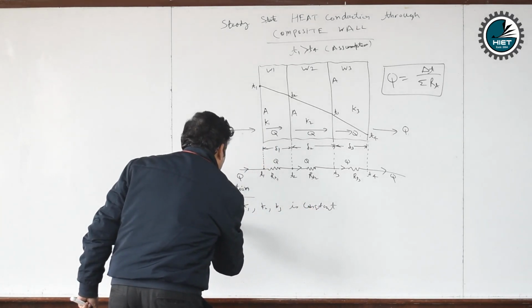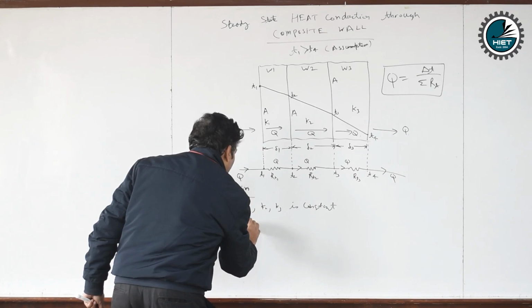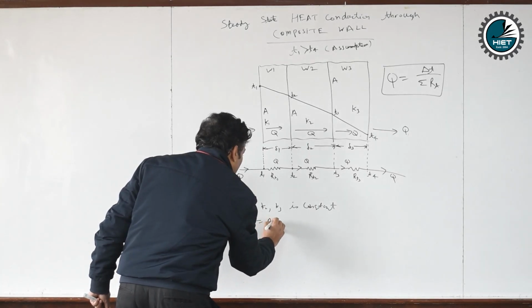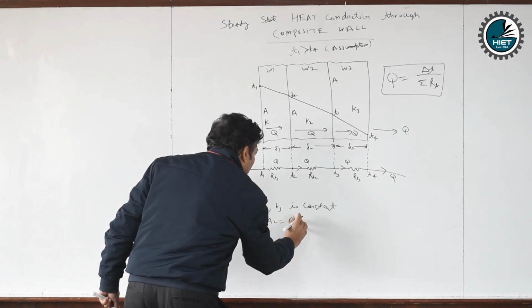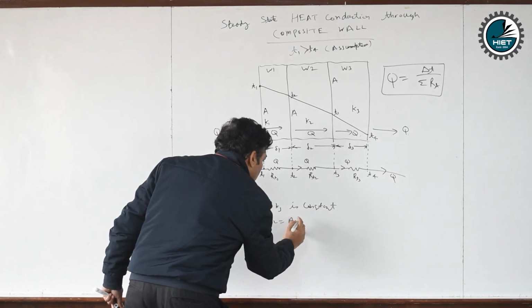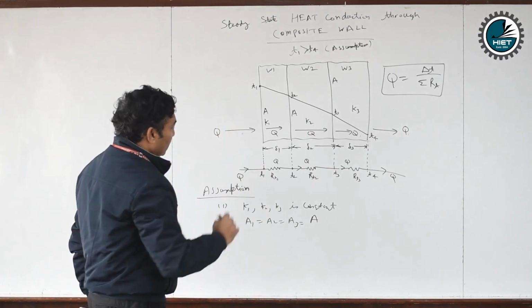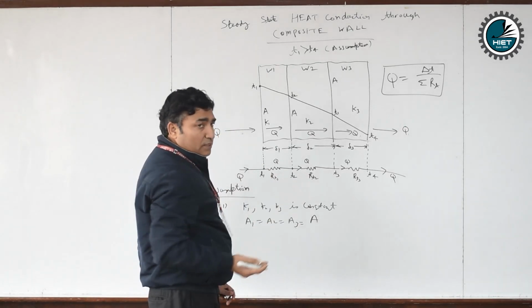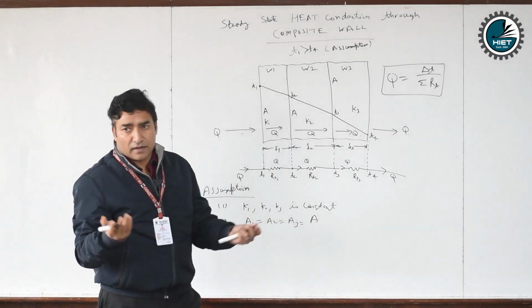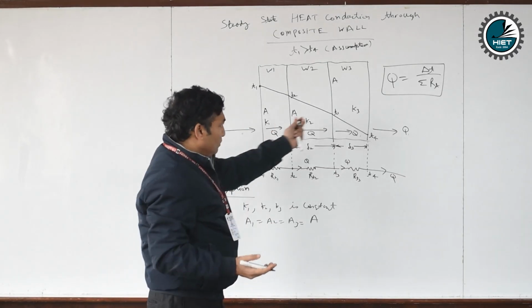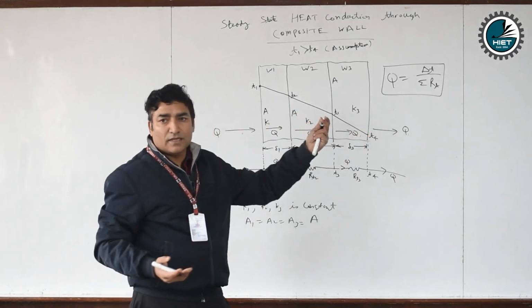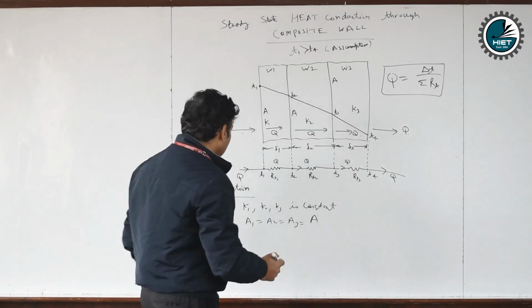Number 2, cross-sectional areas A1 is equal to A2 is equal to A3 is equal to A. Since their cross-sectional areas are the same, they are in series connection. If cross-sectional areas are different, they are in parallel connection. So here all three walls have the same cross-sectional area, so they are in series connection.